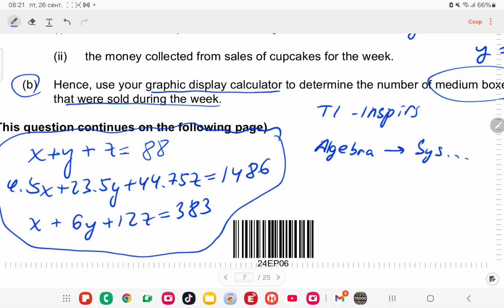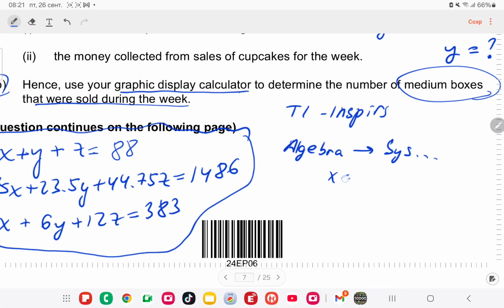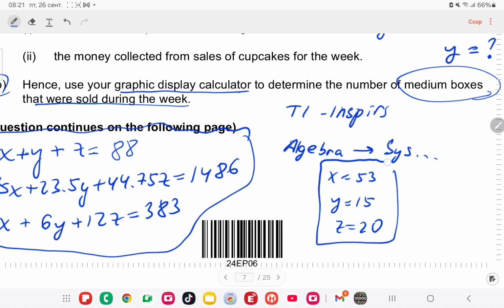Then you type all the equations and press enter, and you will get the following answers. x will be equal to 53, y will be equal to 15, and z is equal to 20. It's okay if you have another calculator. Any calculator has an option to solve this system of equations, so don't worry.